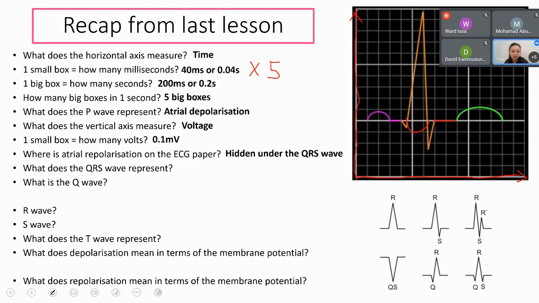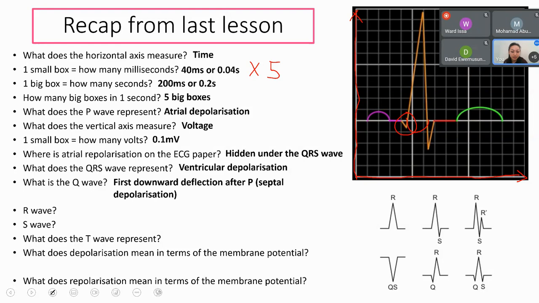So what does the QRS wave represent? Depolarization of which ventricle? Okay, ventricular depolarization. What is the Q wave? This wave here. I don't think I mentioned this last week.